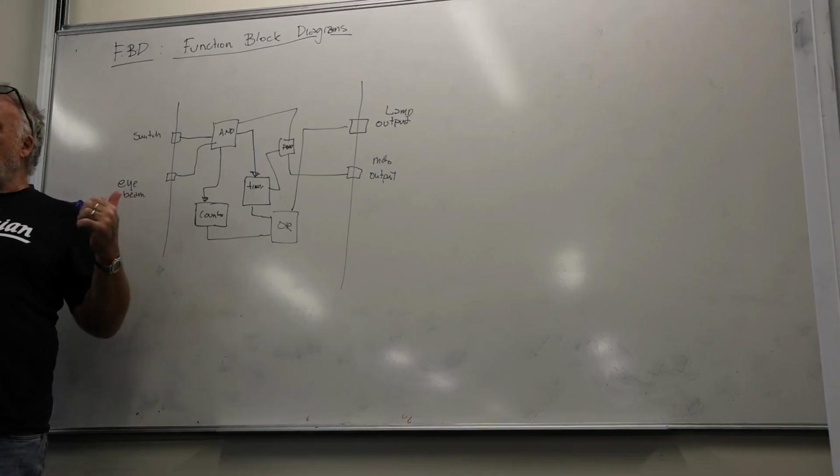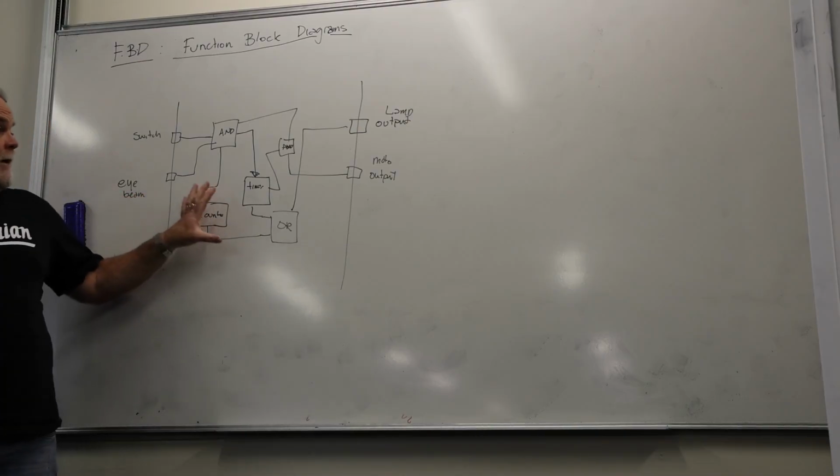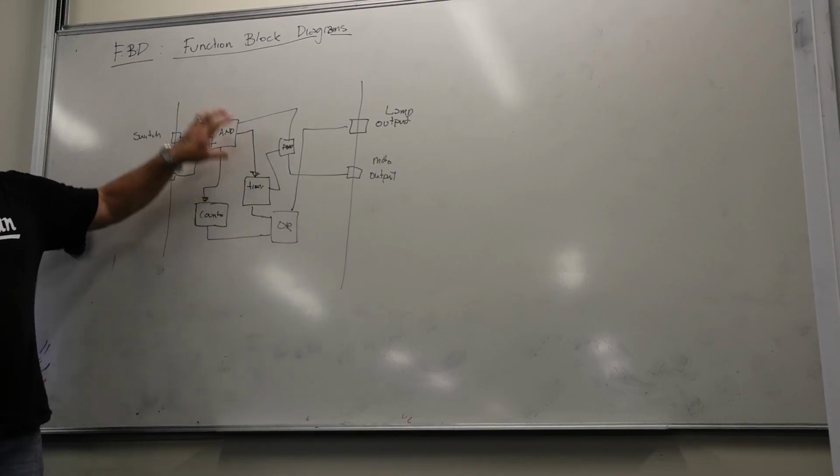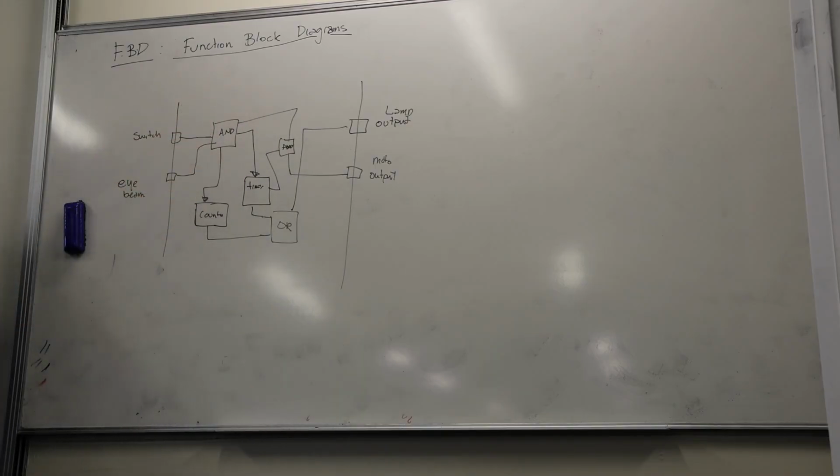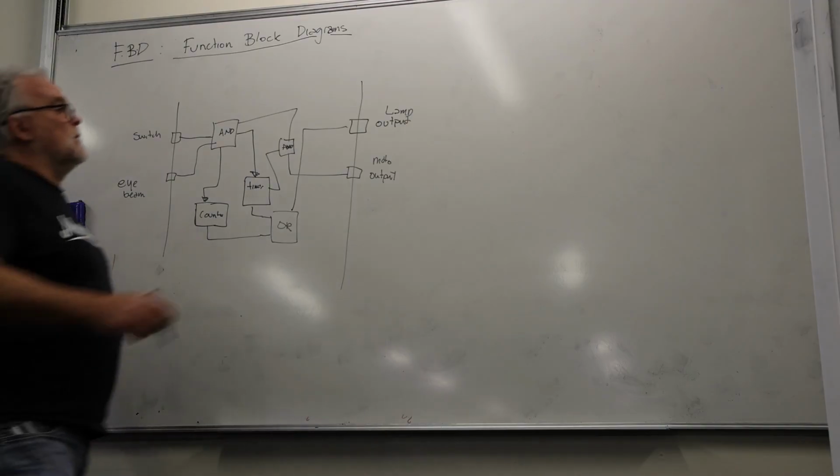So function block, we'll open it up and have a look at it later. But inputs, outputs, and we'll just use blocks. I'll just write a couple of notes down here, just to check what I said about it. Okay, advantages and disadvantages.